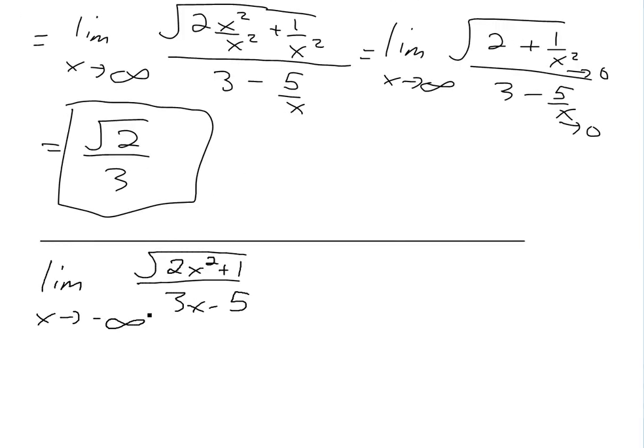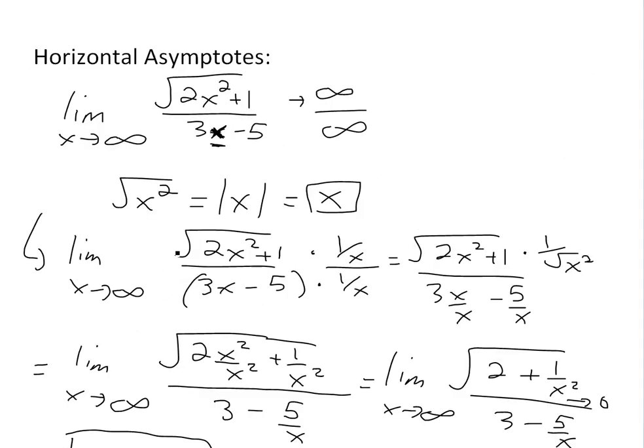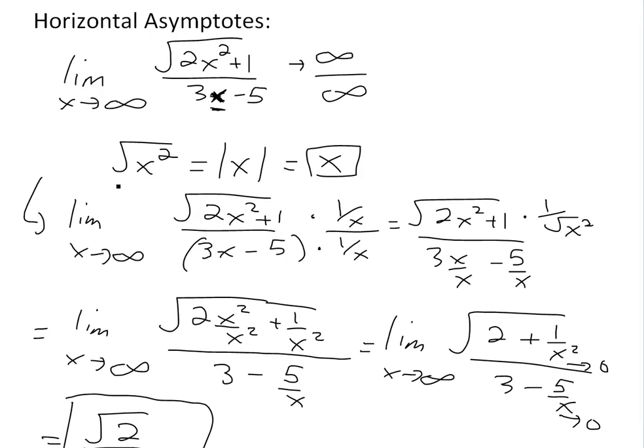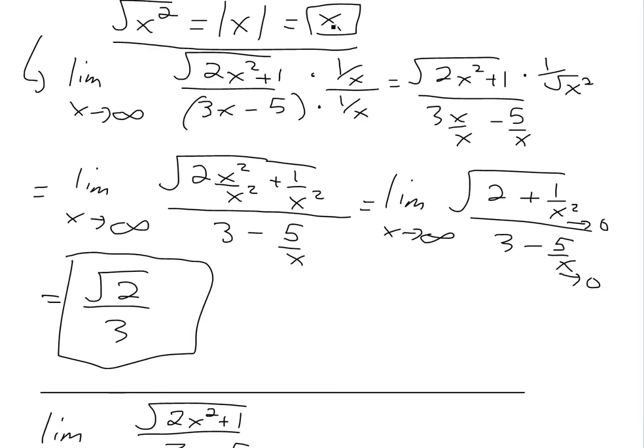So now let's look at what happens when x approaches negative infinity of this function right here. We're going to do the exact same thing as above, except now we have to change this part right here, because we did this initially for positive infinity, where the square root of x squared equals the absolute value of x, which equals x.